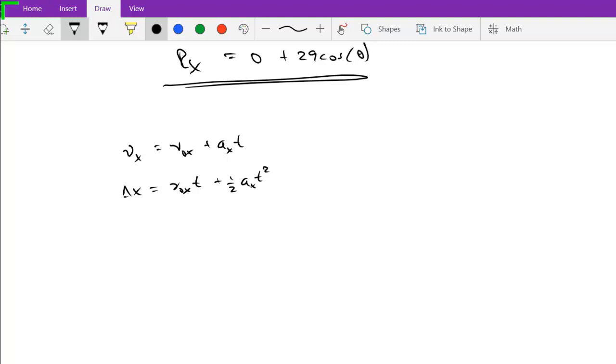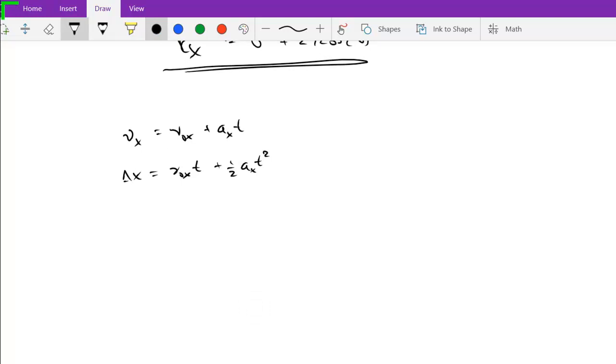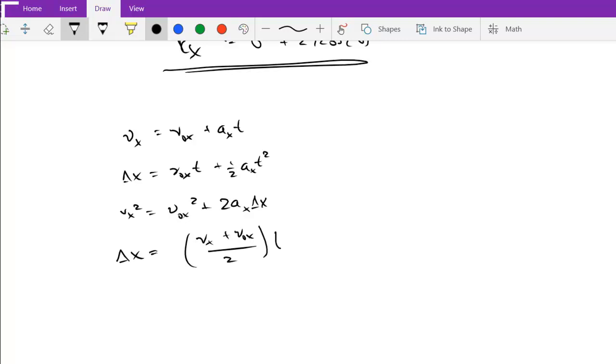We also had Vx squared is equal to V naught x squared plus 2ax delta x, and lastly we had delta x is equal to Vx plus V naught x over 2 times time.